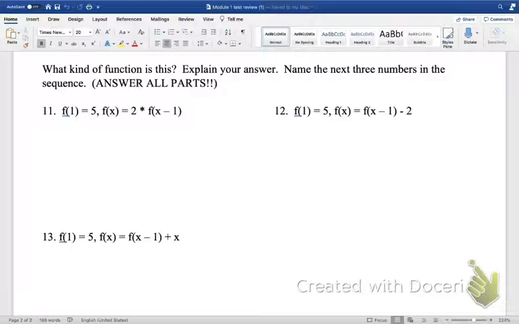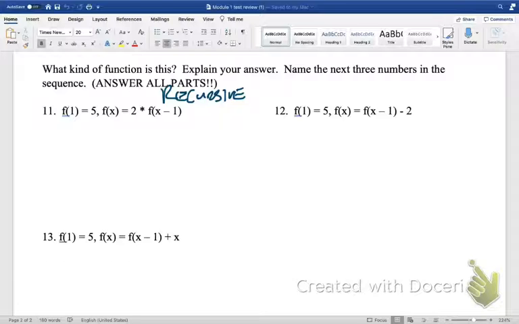What kind of function is this? Something that we've been talking about quite a bit throughout this module. And we know that when we are taking 2 times, we are going to be doing something specific. So because I've defined the first term and I'm going off of what's happening every previous term, we know that all of these are going to be recursive functions.